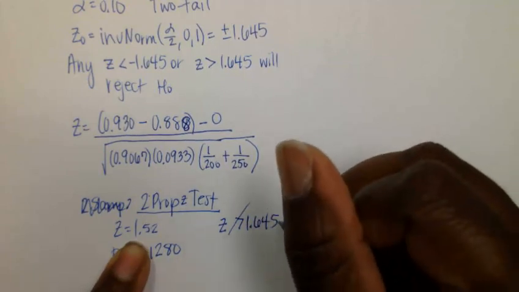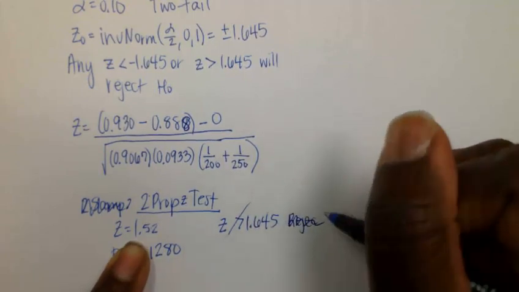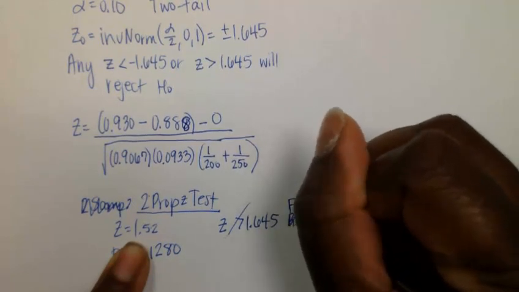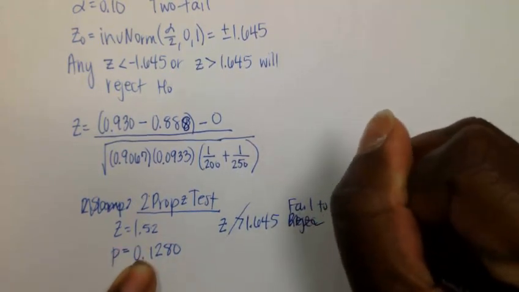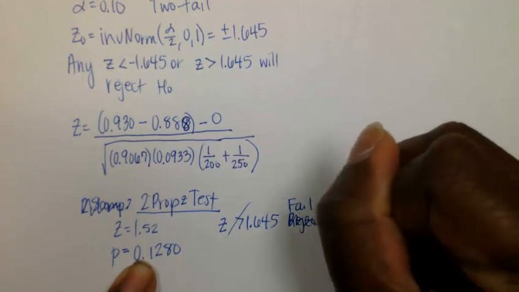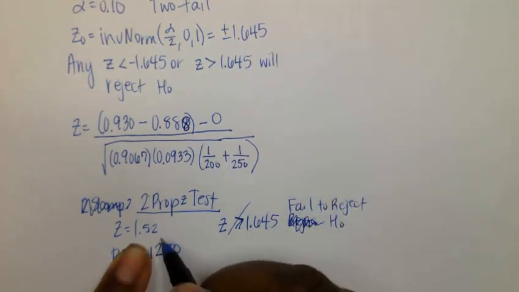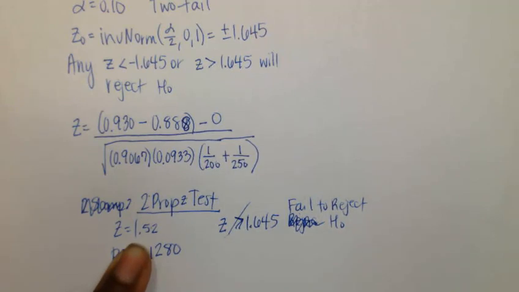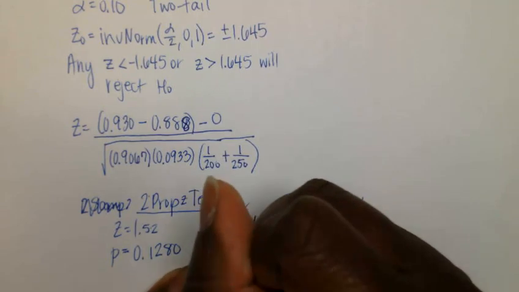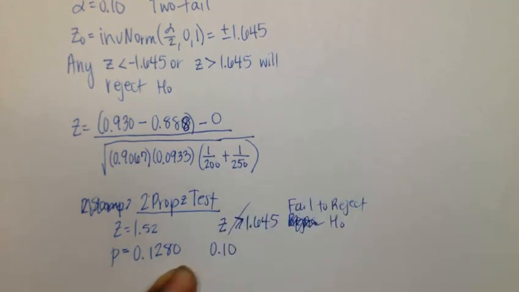Excuse me, fail to reject H0. It is not greater than 1.645. Then our p-value, we compare it to our level of significance.